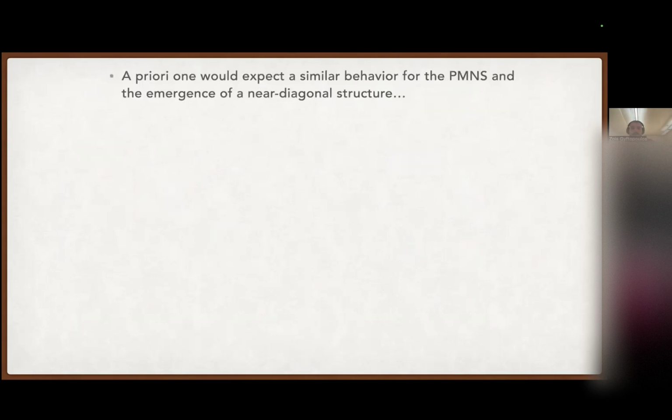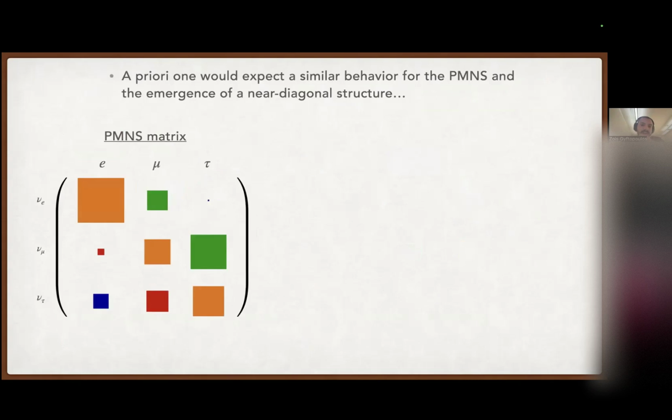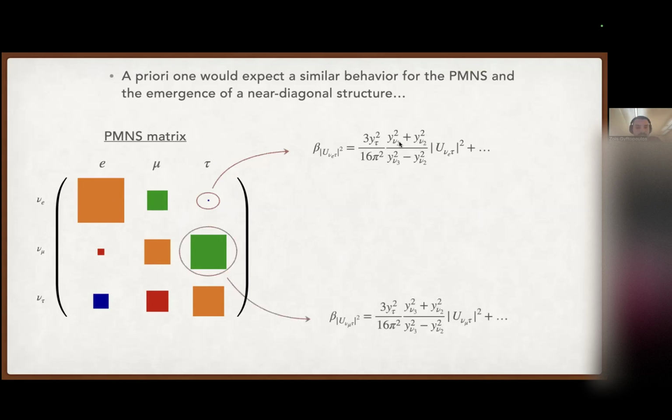And how does this happen? We can see how this might happen by checking the flows of these 2 elements that we also focused on in the CKM matrix. So this element has the following beta function here. This is denoted as nu electron neutrino tau. And here you see you have the same structure with the tau lepton instead of the top. But here you also have this combination, which is exactly the same also for this element.